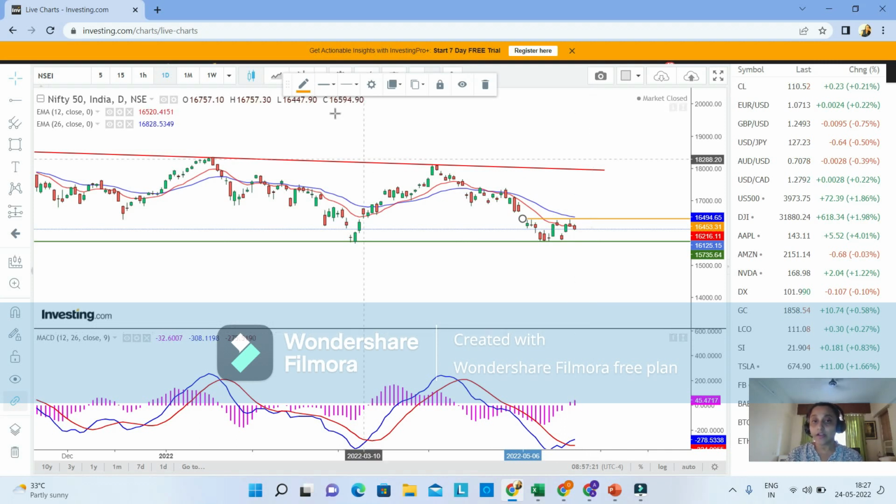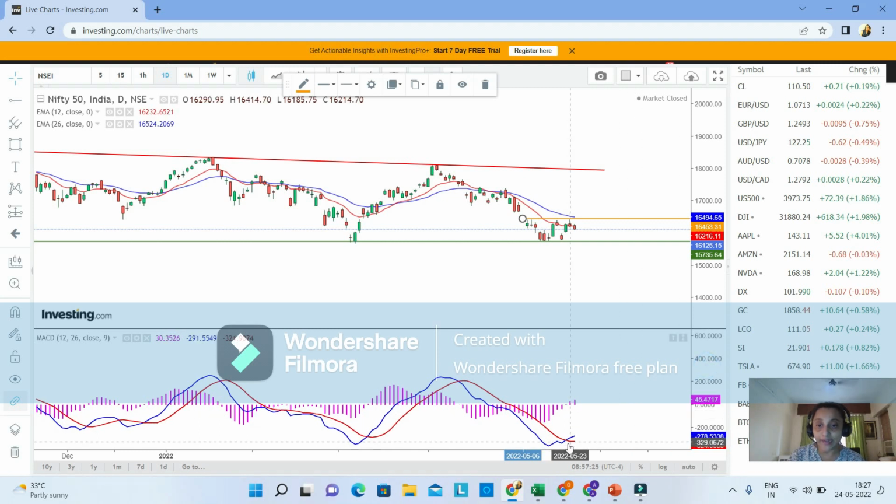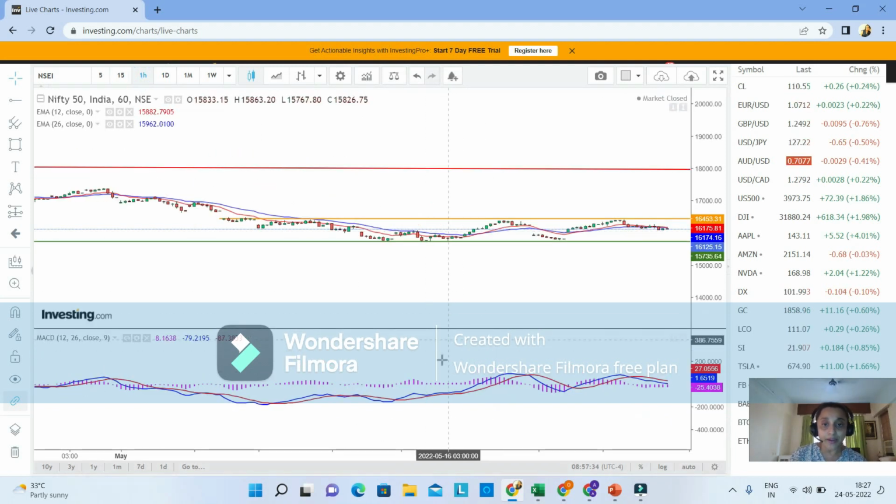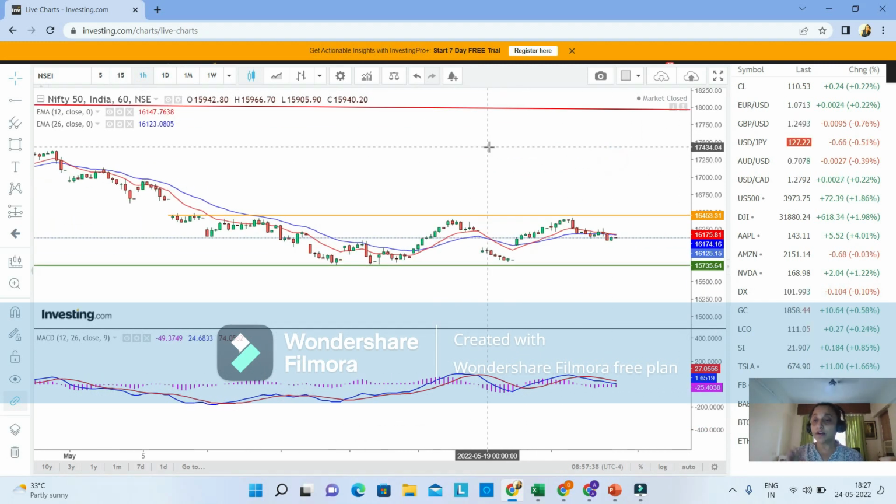Clear? Similarly, if your daily time frame shows a strong buy, in your hourly time frame you need to look for buys. You follow the trend of the next bigger time frame.